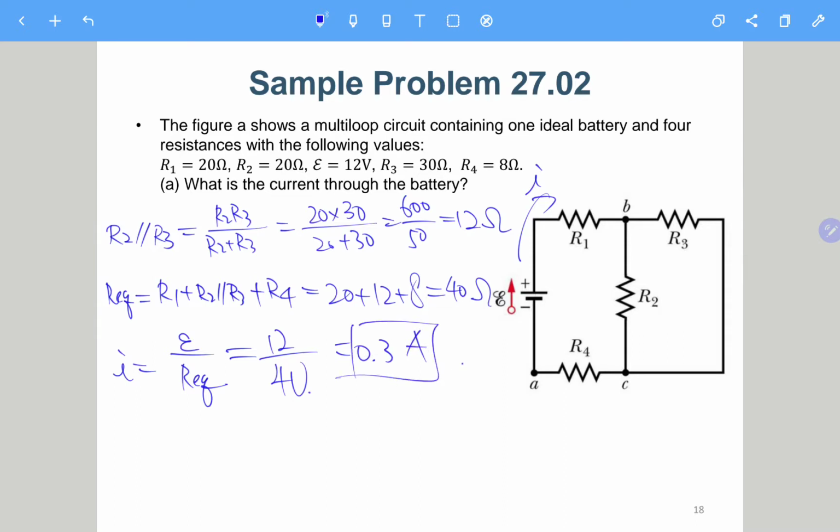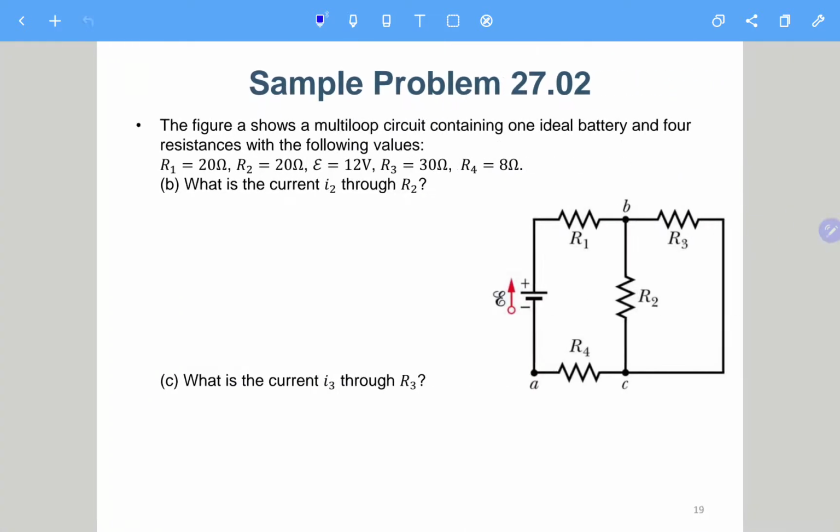Okay, so I think this one is quite easy. Next, what is the current I2 going through R2? Just now we already know that this current I is 0.3. It asks you what is the current I2 going through R2?